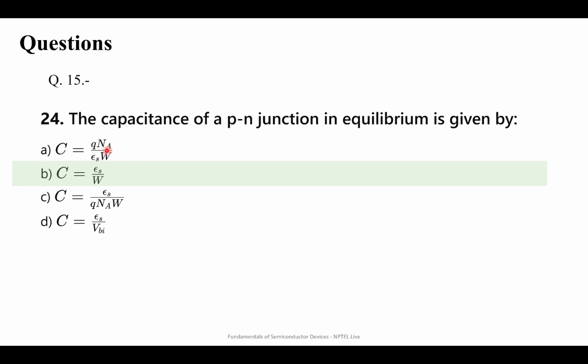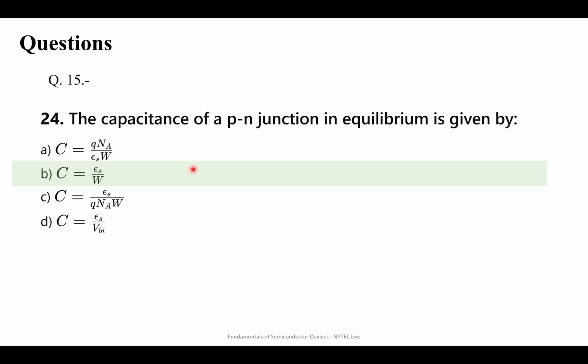Again, epsilon s is the dielectric constant of the semiconductor, W is the depletion width, and C here is not capacitance, it's capacitance per unit area. So it's basically capacitance density.